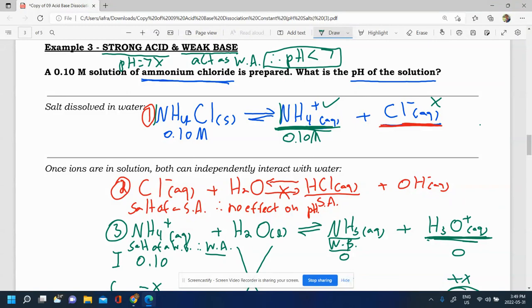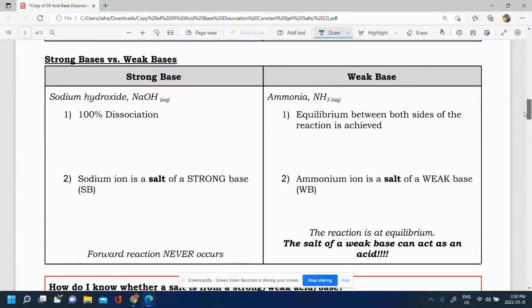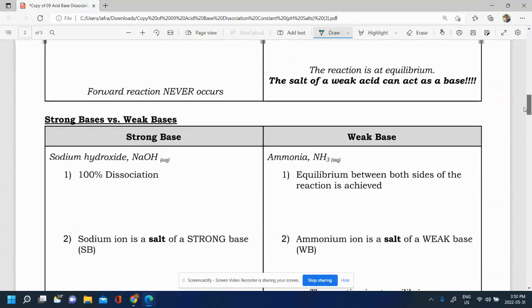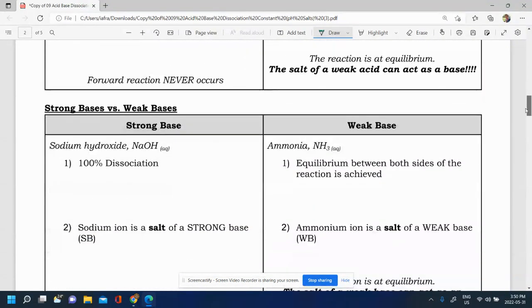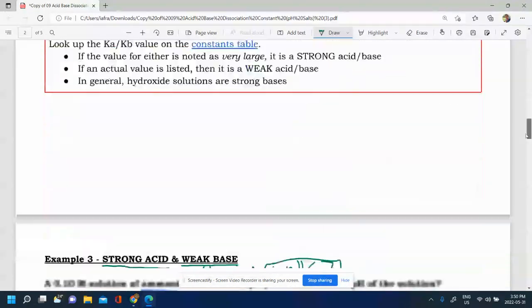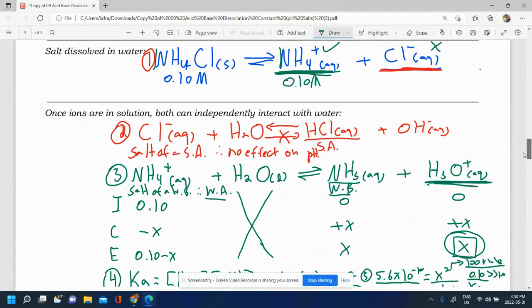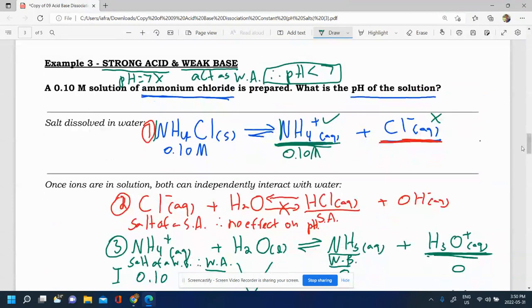So that's a generalization that we can make for strong acid, weak base salts. Actually, we'll go over an example of that later on. We'll finish that in the next video. So our generalization right now is that when you have a salt that's made up of a strong acid derivative, so Cl minus was the salt of a strong acid, that will not affect your pH.